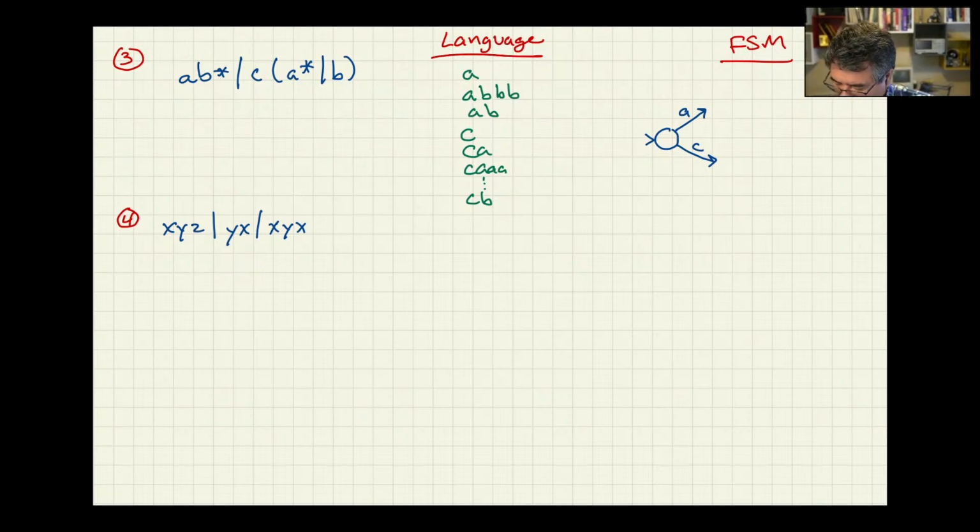And then any number of B's on the A branch. So we've got B pointing back to itself and a final state there. So A followed by any number of B's, or C followed by any number of A's, or a B.